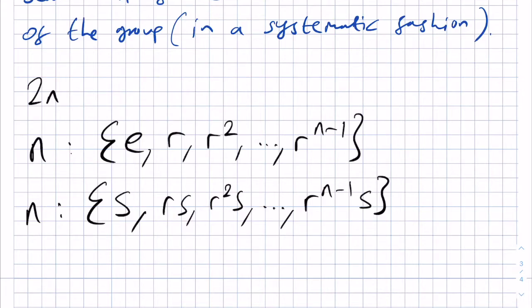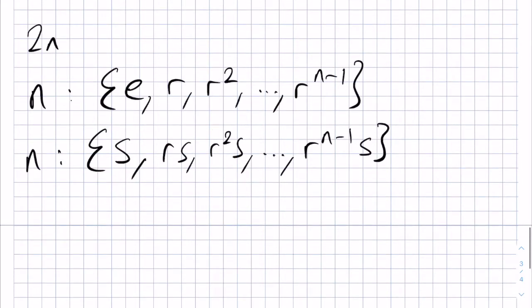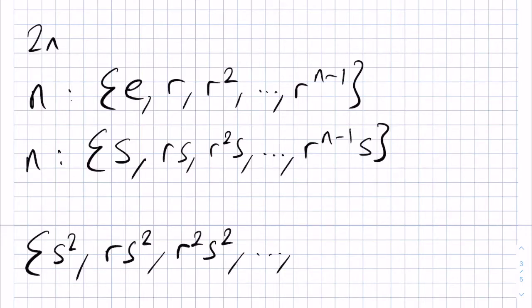For example, why can't we multiply by s again in the same way that we did above? We got these n elements by multiplying these elements by s on the right. If we do this again on the right to these elements, then we'll have s squared, rs squared, r squared s squared, all the way up to r to the n minus 1 s squared.